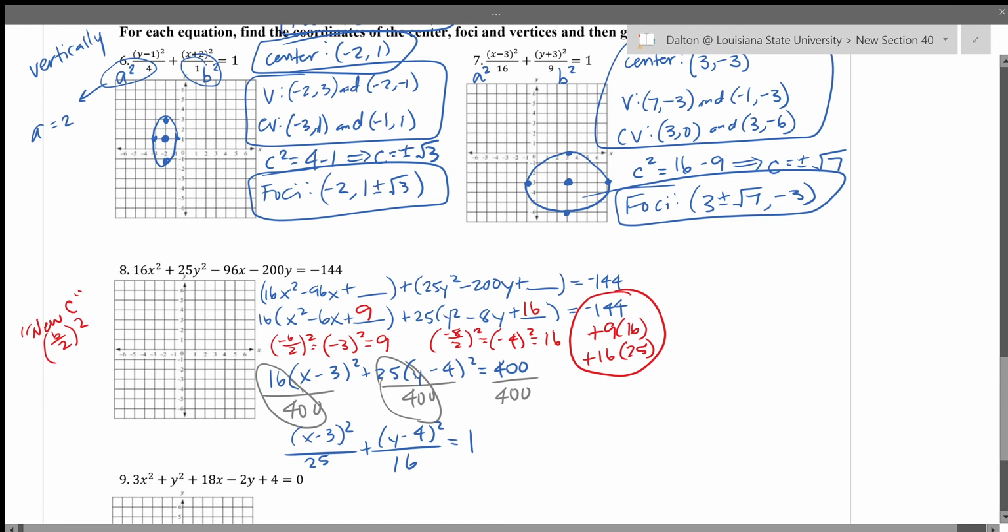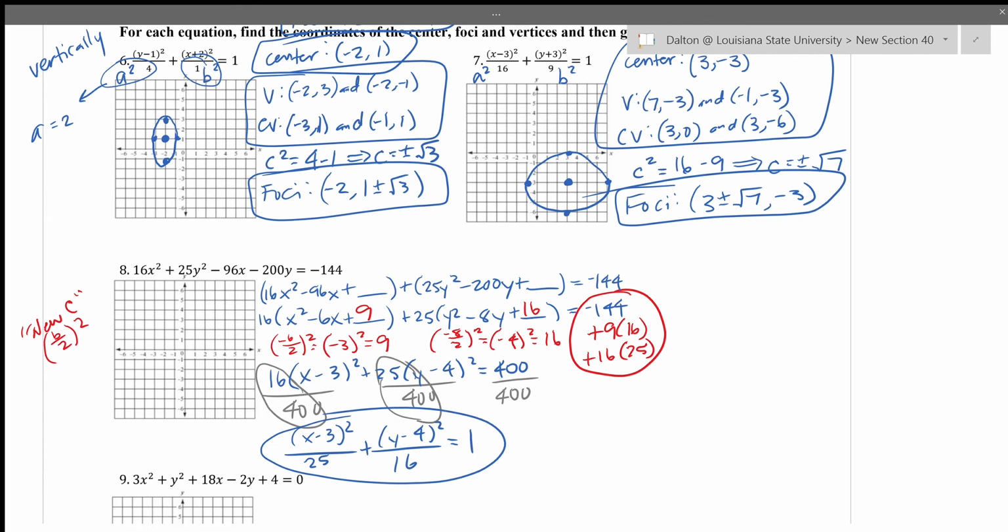So all of that hot mess was to just get us back to a normal standard equation for an ellipse. And then once you get here, you need the rest, the center, the vertices, and the foci.